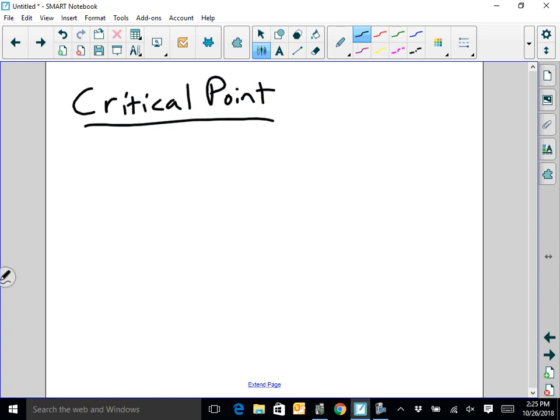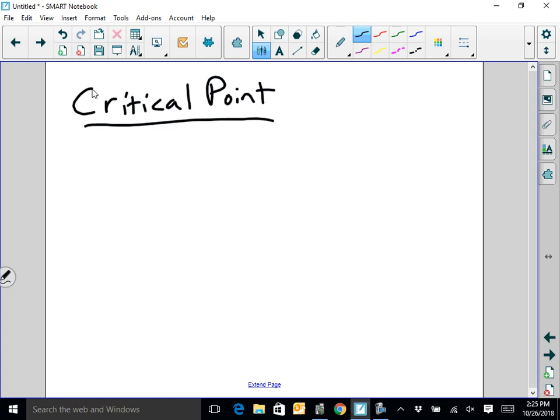Okay, so a bad pun, but it's also very true. Critical points are super, super, super important. So here's our definition. And this is where we need to be very, very careful. Most of the time, it's going to mean one thing, but this could mean either or here.